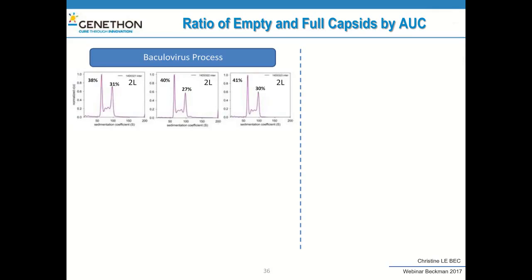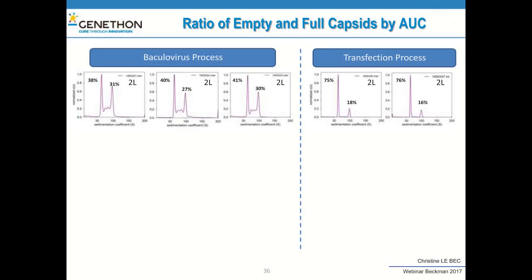We then looked at the ratio of empty and full capsids by AUC. For 3 different batches of 2 liters, you can see you have around 27 to 31% of full particles. For the transfection process, we are around 16 to 18% of full particles.